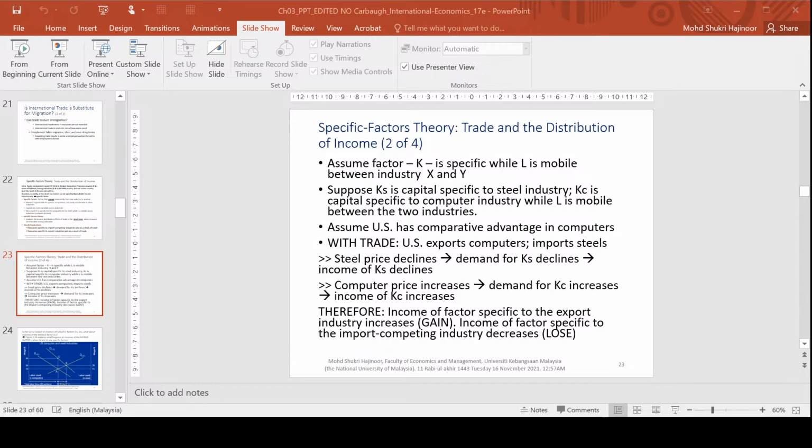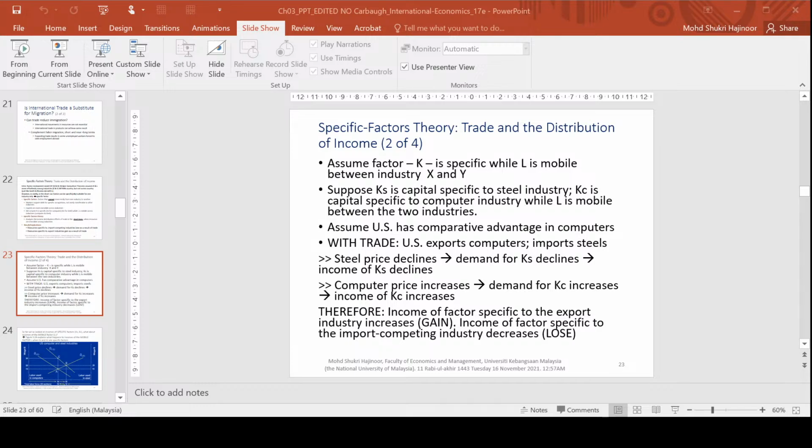That depends on the consumption pattern of the laborers of L. Gain if they consume import-competing products. Lose if they consume export products, which are more expensive now because of trade. That's what the United States wants. More expensive because the United States exports computers.